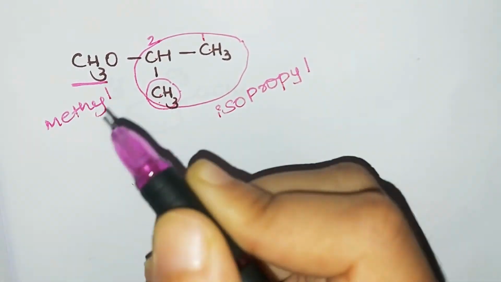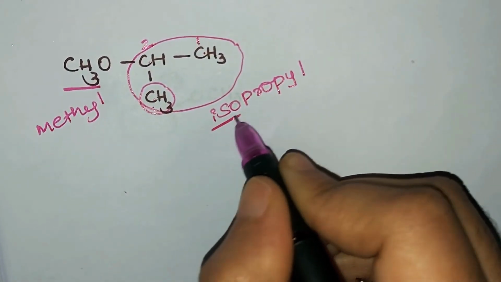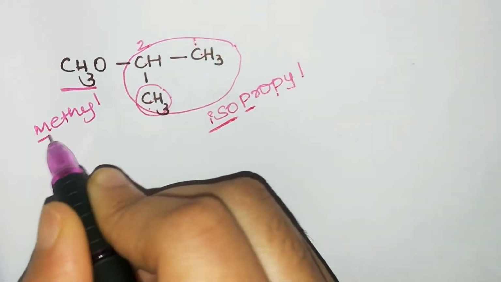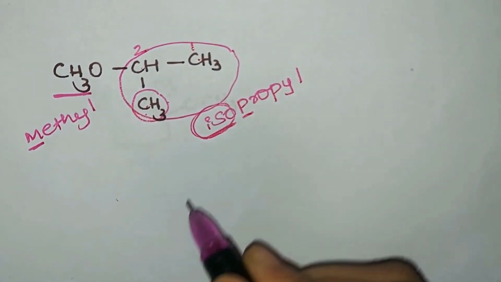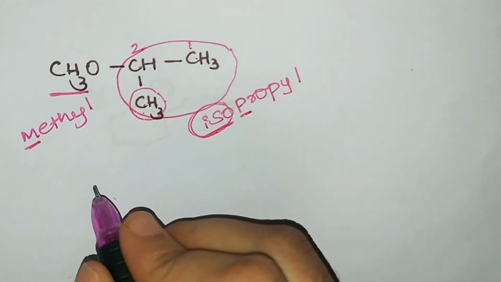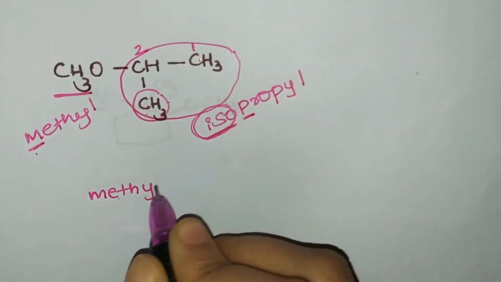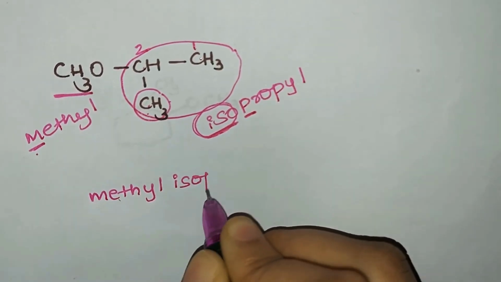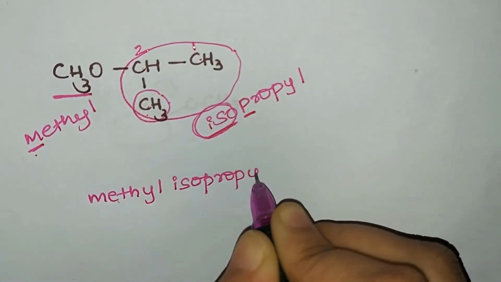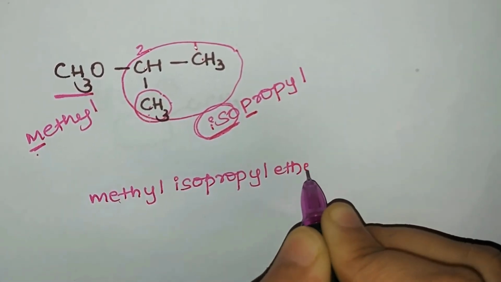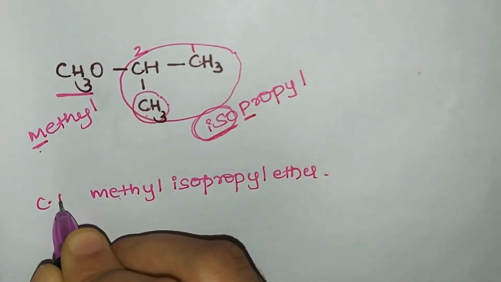So what will be the common name? See, don't consider iso. Iso is not to be considered. You have to consider only P and M. Alphabetically M comes first. So what will be the common name? Methyl followed by isopropyl ether. So the common name of the given example is methyl isopropyl ether.